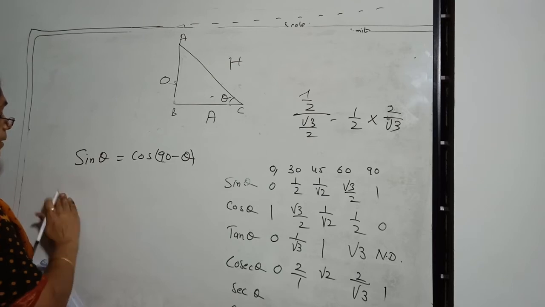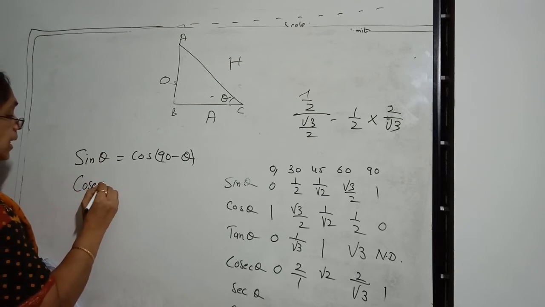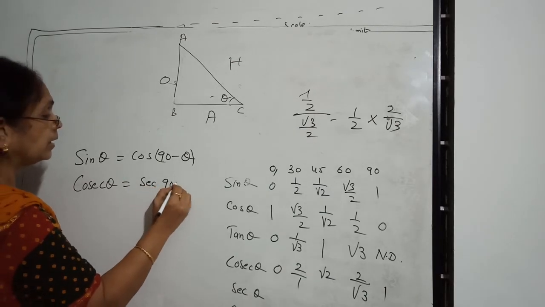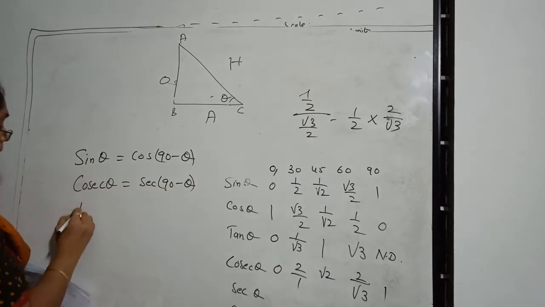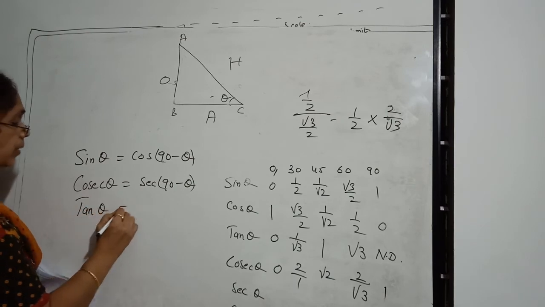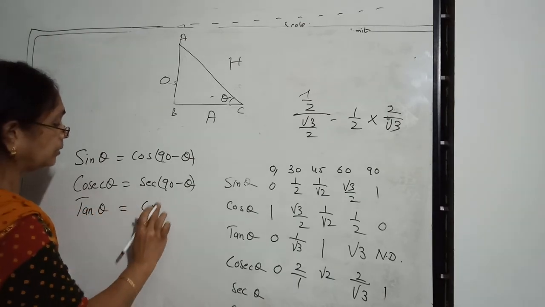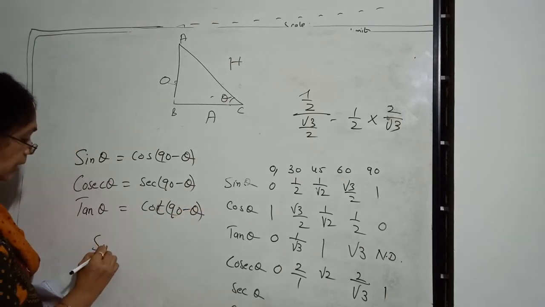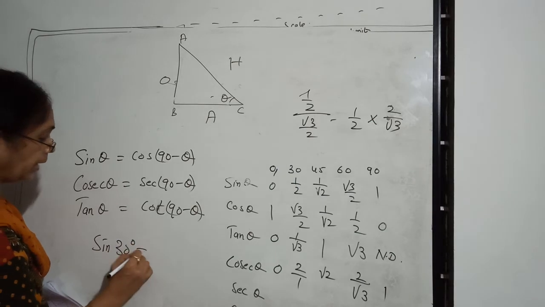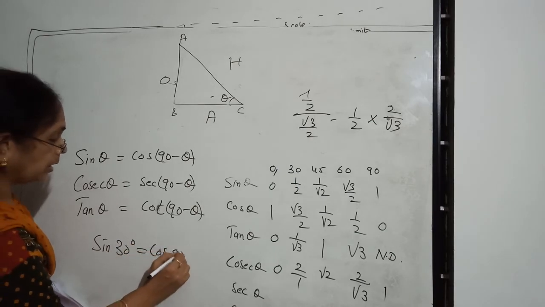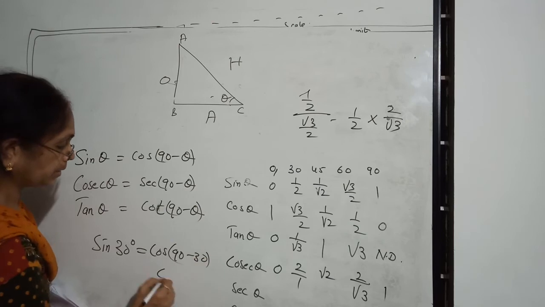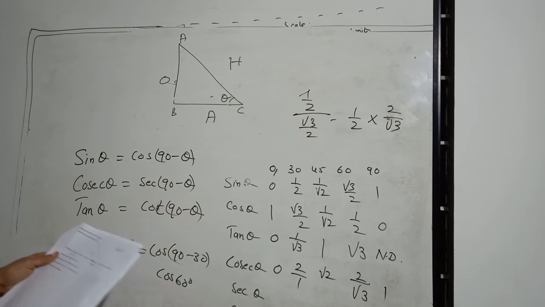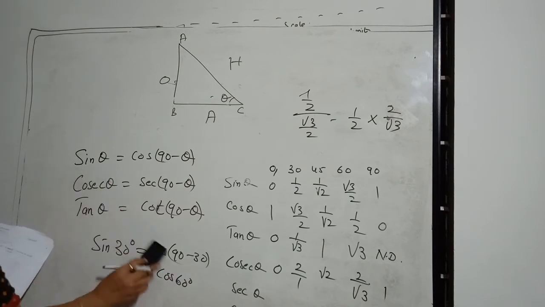Then cosec theta will be secant of 90 minus theta, and tan theta will be cot of 90 minus theta. What is the meaning of this? Now sin 30, I can write as cos of 90 minus 30, that is nothing but cos 60. This will be clear if I take a sum. Now these are the relations.